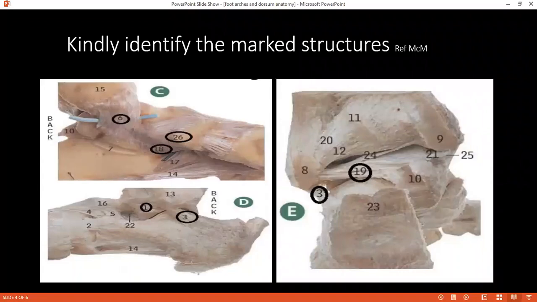What is attached to the posterior talotibial ligament? Would you be able to identify it in any of these images C, D, or E? Yes, ma'am. It is number 19 on image E. Okay, we'll get back to that later.